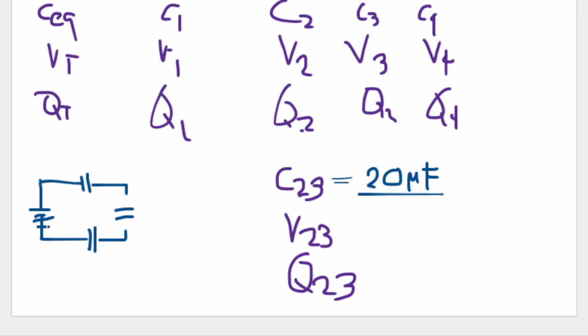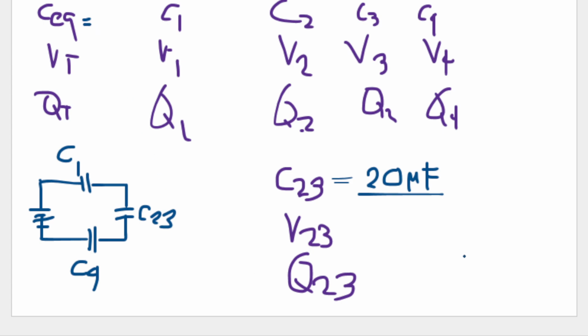So this becomes like this, with the battery. And this capacitor here will be C2,3, the combination of C2 and C3. So this is your C1 and this is your C4. Therefore, C1, C2,3, and C4 are in series with each other, forming the CEQ.